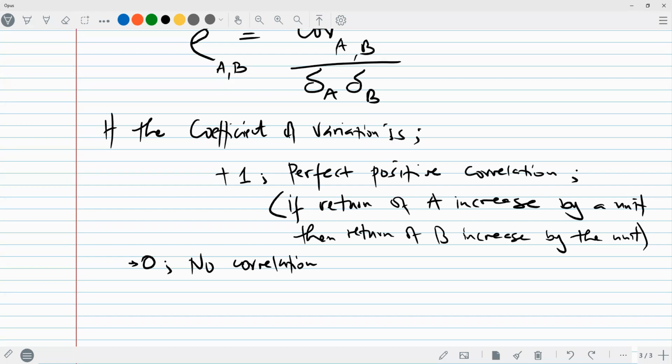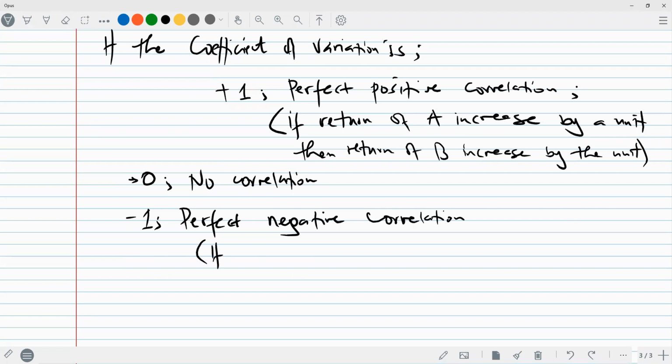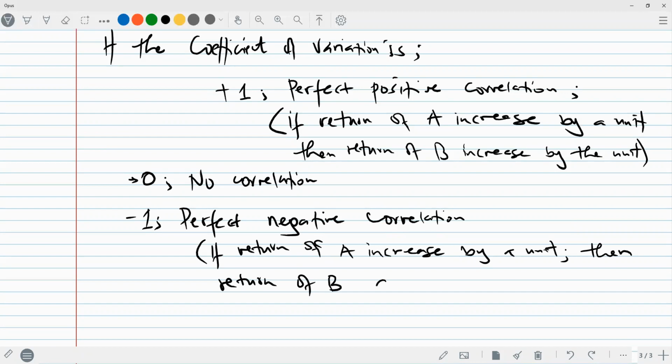If we get a negative 1, they call it perfect negative correlation. Now what does it mean? If the return of A increases by a unit, then the return of B decreases by the unit.